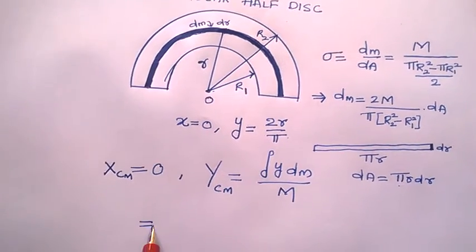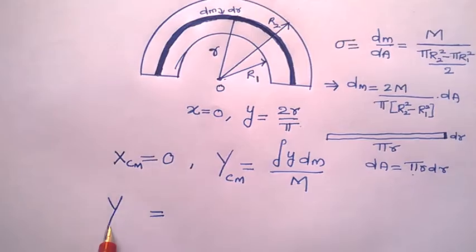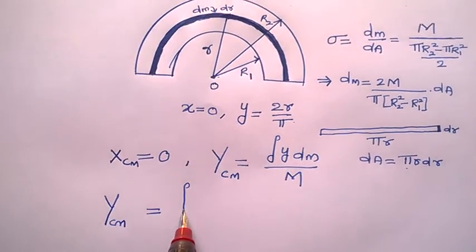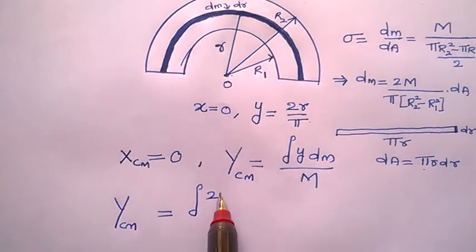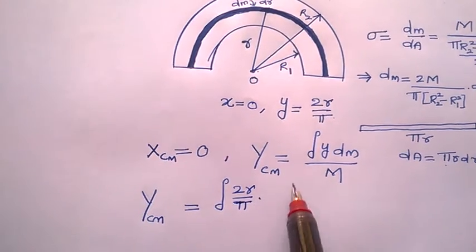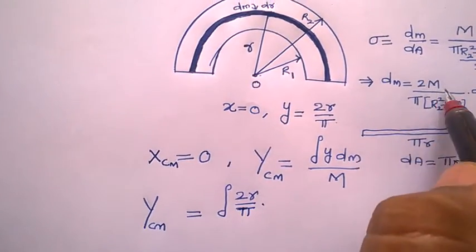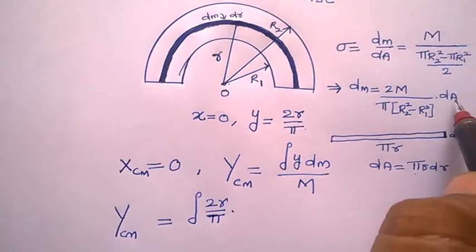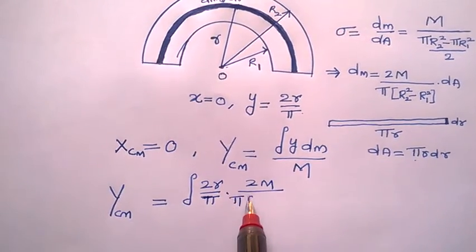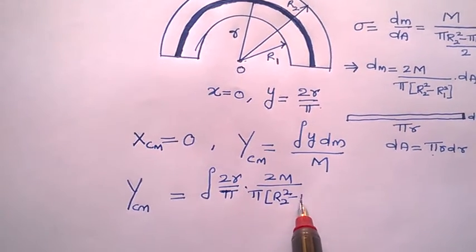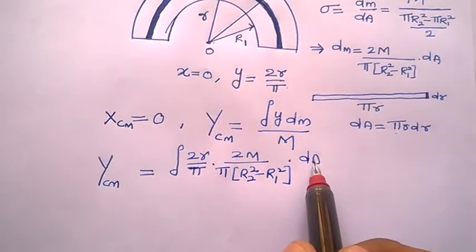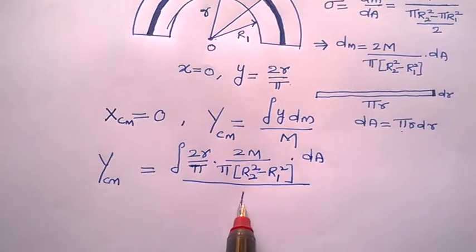So let's substitute everything here and solve for ycm. So ycm, the y coordinate of the center of mass, is integral of y, which is 2r by pi, into dm, which is 2M by pi into R2 square minus R1 square into dA, divided by the entire mass.